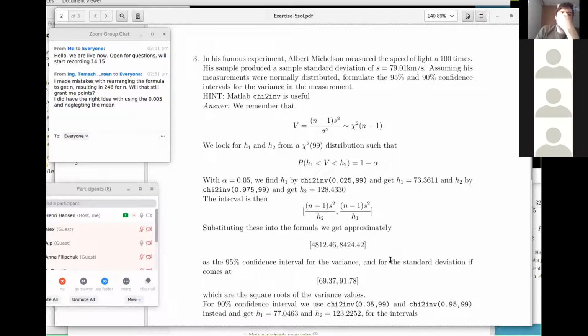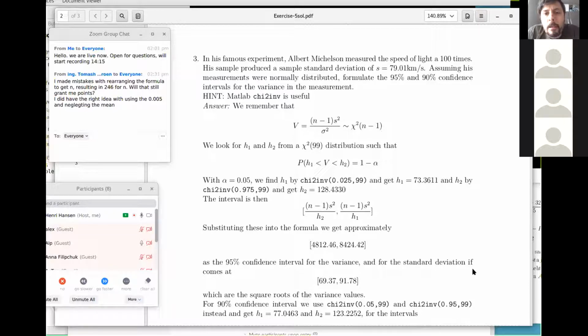And then this means the actual standard deviation falls between these 95% of the time. So the 95% confidence interval for the deviation would be 69.37 and 91.78.